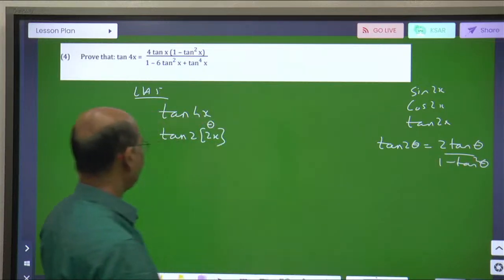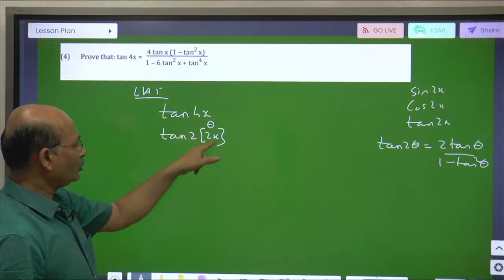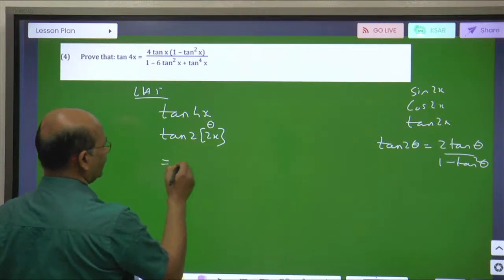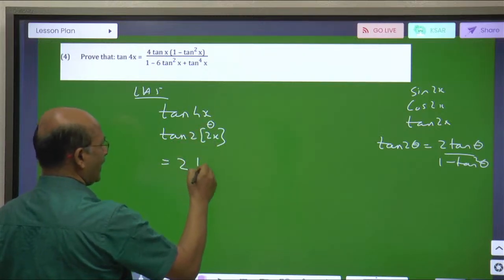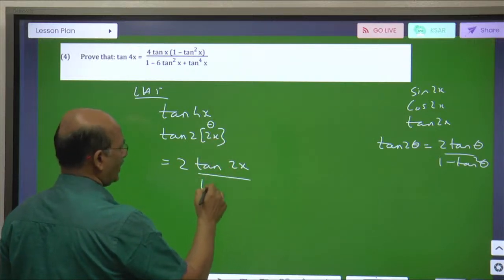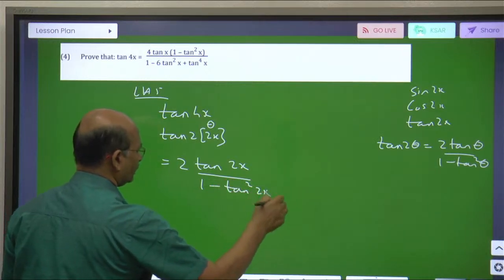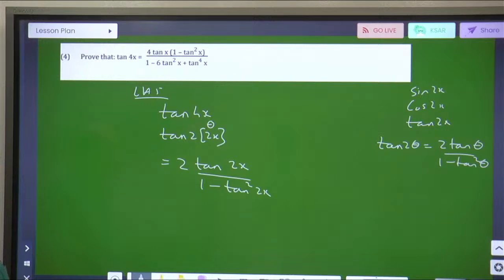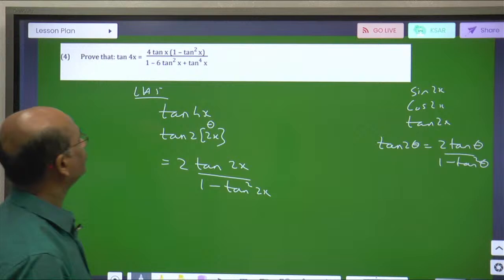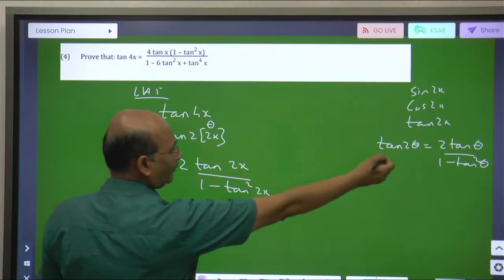Just see, this is my theta, because 4x I can write as 2 into 2x, so 2 theta. So tan 2 theta is nothing but 2 tan theta upon 1 minus tan square theta. Done? Now, wait. Again, I have the formula for tan 2 theta.